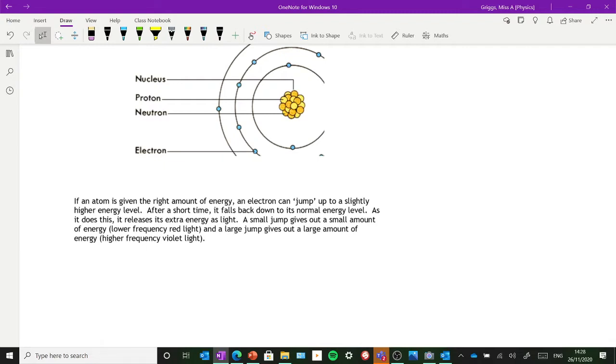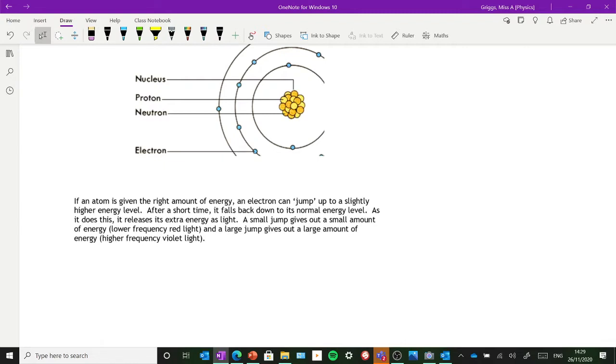It's all to do with electrons in energy levels. Those of you that do chemistry will probably know about this already. But electrons don't just orbit randomly around the centre of an atom. They are in little energy levels. And those electrons can sometimes, when you give them energy, jump from one energy level to another.